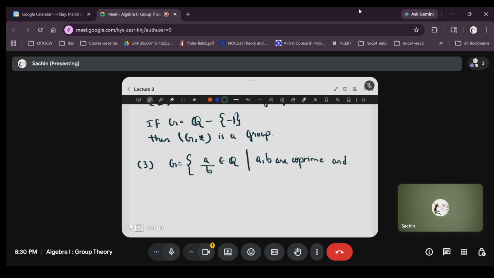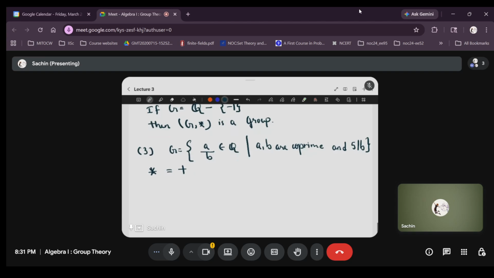And 5 divides B. Is this a group? Star is addition. Addition of rational numbers. 5 has to divide the denominator.